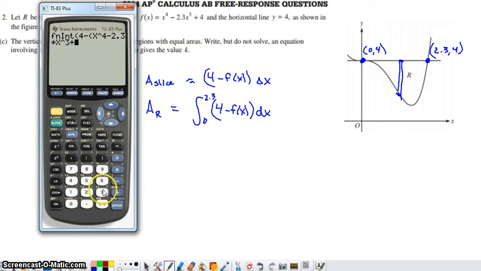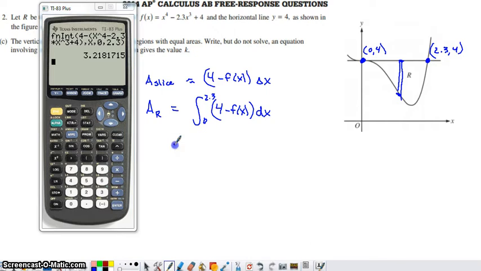And once I do that, I'll close that grouping symbol. I don't want to close this one yet. The next piece of this call sequence is to tell the calculator the variable of integration, and the variable I put into the calculator here was x. And then you give the calculator another comma, you tell it the lower limit of integration, you give it another comma, you tell it the upper limit of integration, you evaluate, and you have your result.